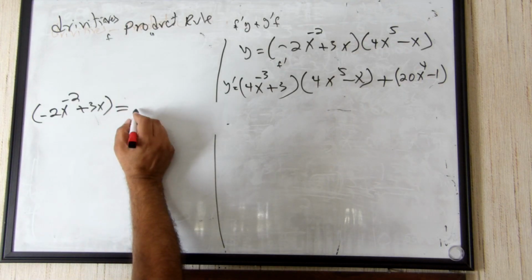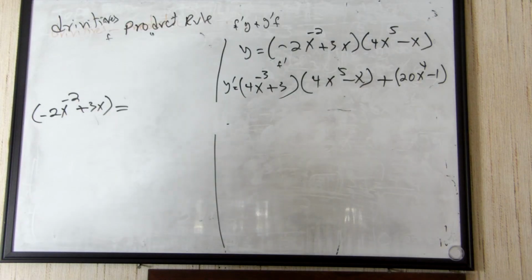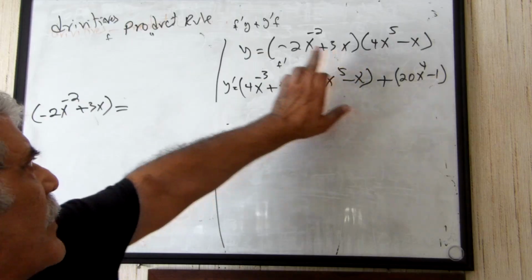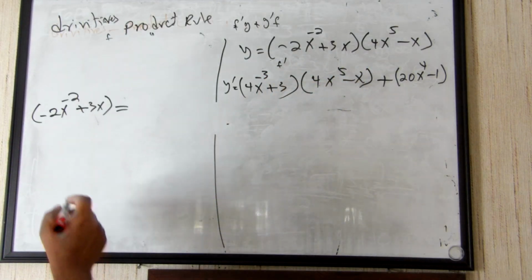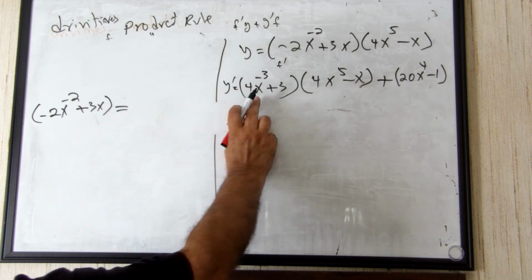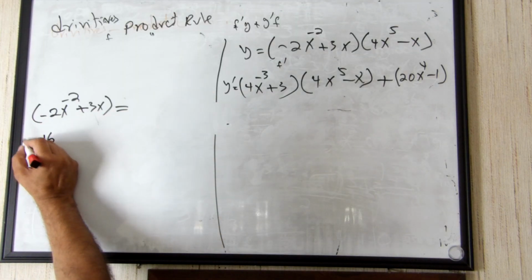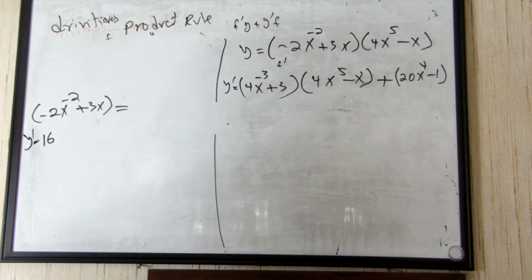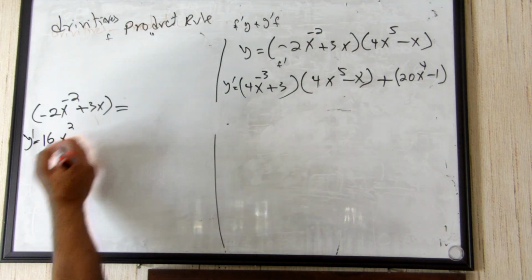Now we multiply these together. Okay, the derivative of this one times that one, plus the derivative of that one times this one. Now we are going to multiply this one. 4 times 4, 16, y prime is equal to 16x to the power of minus 5 plus 5 minus 3, is going to be plus 2x^2.